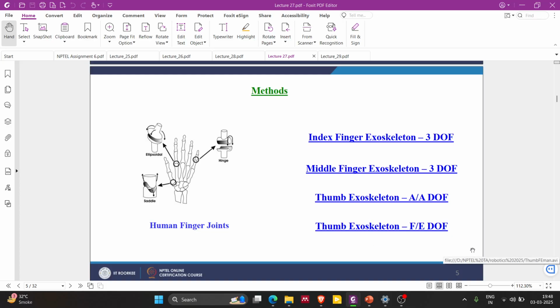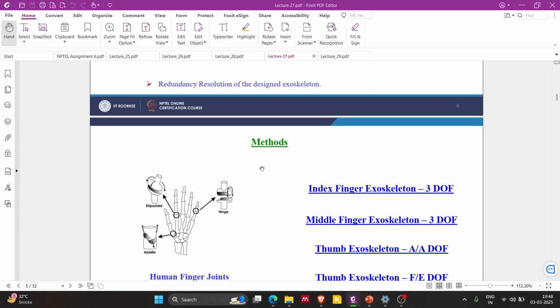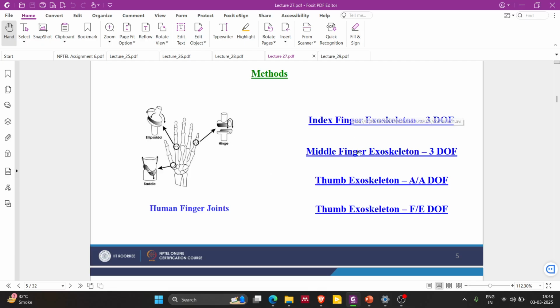In the methods part, for the index finger they have used 3 degrees of freedom. For the middle finger, they have used 3 degrees of freedom again, and for the thumb, they have used 2. There is abduction-adduction and there is flexion-extension, right?